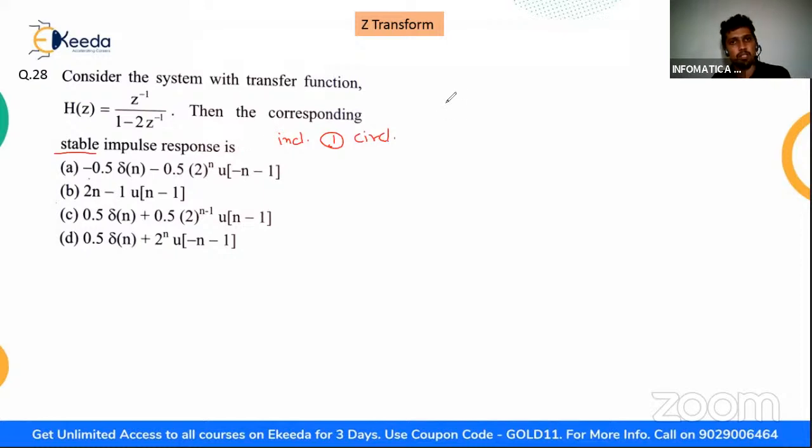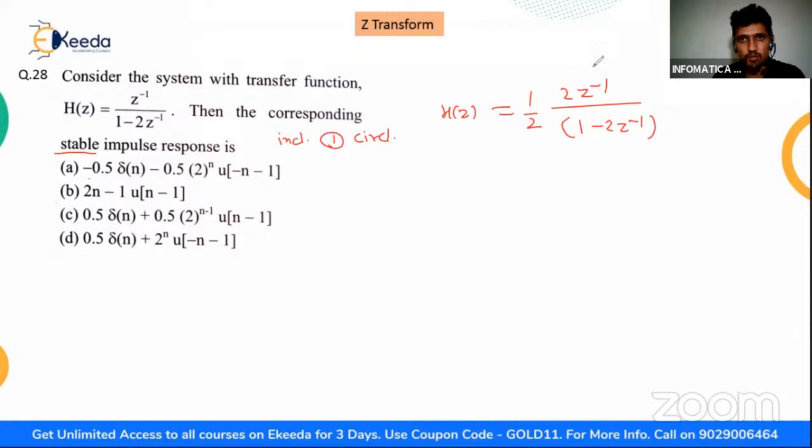This is the important thing. So we can simply write it using the standard Z transform we have used in the last one. We can simply say 1 minus 2 z inverse. Simply write 1 by 2 here. So this we know.